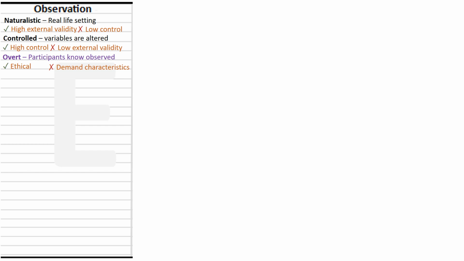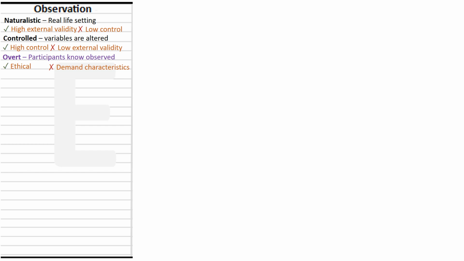So this is a demand characteristic, and that's the big problem you've got with overt observations. The good thing about it is, you kind of want to know if someone's watching you. So we can say that it's more ethical to have an overt observation, because people will know you're there and can consent to being observed.